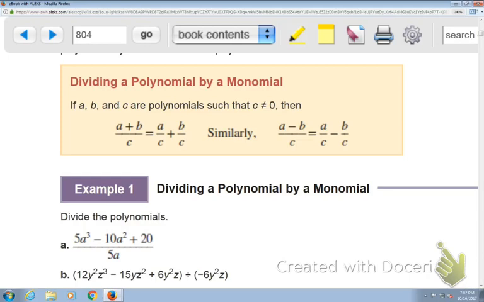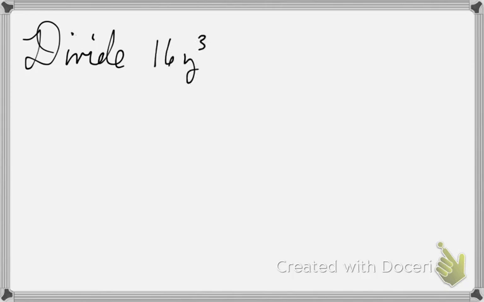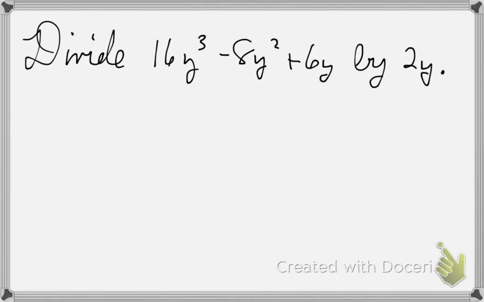So, if we are asked to divide 16y cubed minus 8y squared plus 6y by 2y.